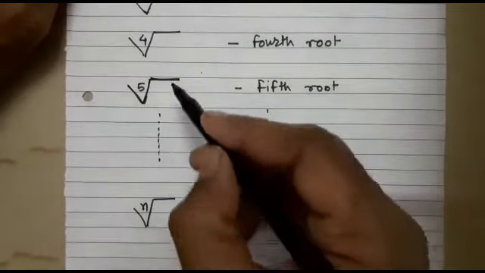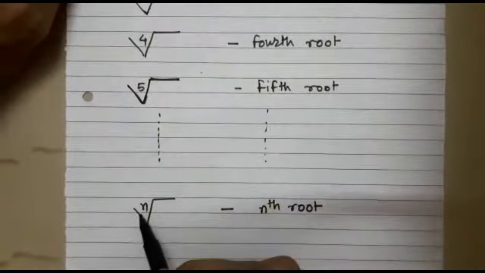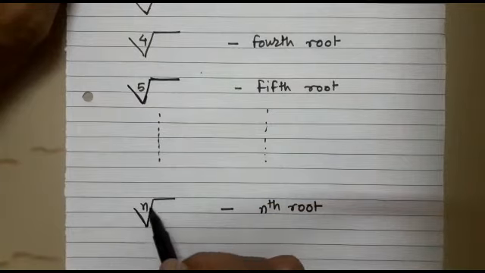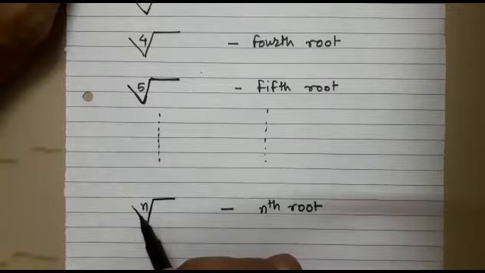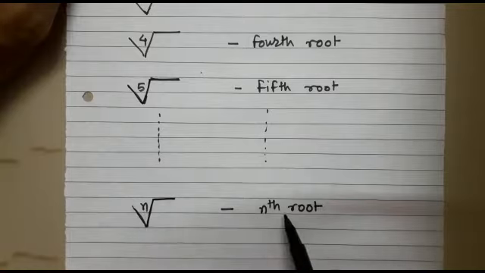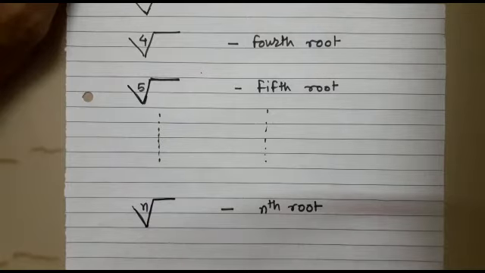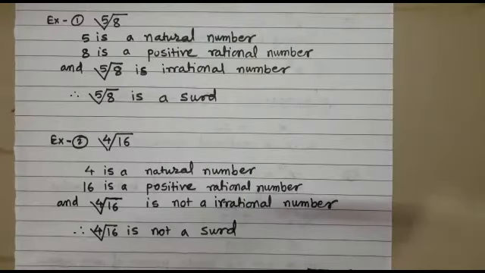In this way, if n is written in the V-shaped part of this radical sign, then it is called the nth root. That means this surd family is much bigger, up to infinity.